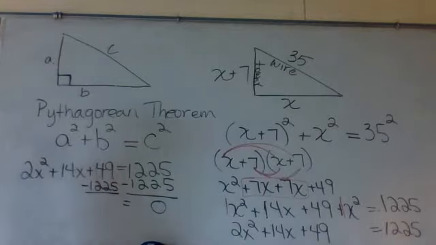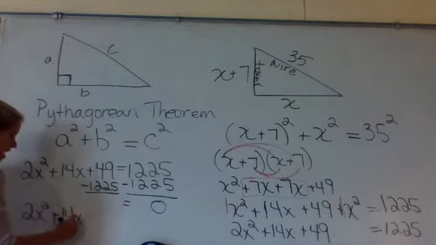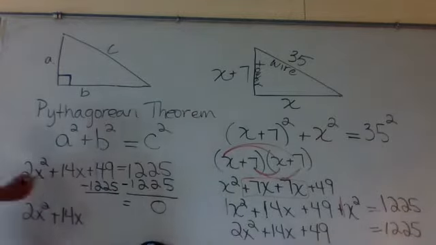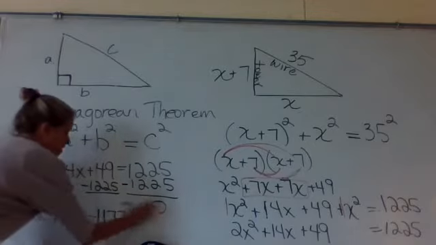So subtracting 1225 from each side. So now I have 2x squared plus 14x. Then I have 49 minus 1225. So 49 minus 1225 gives me negative 1176. And that's equal to 0.